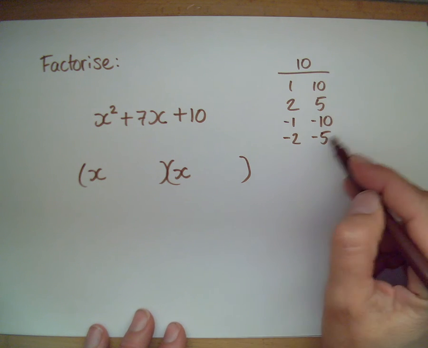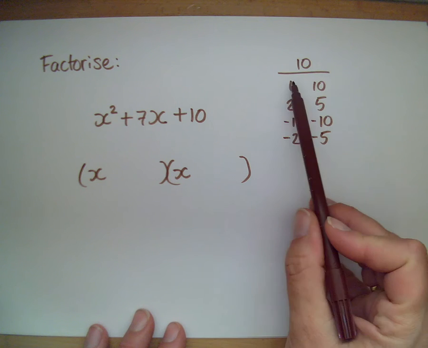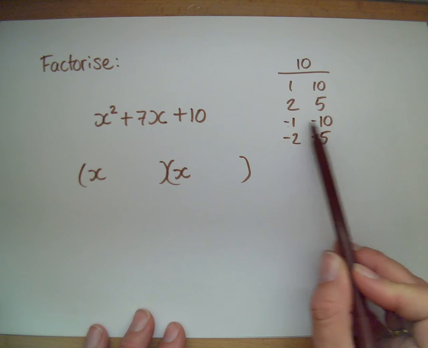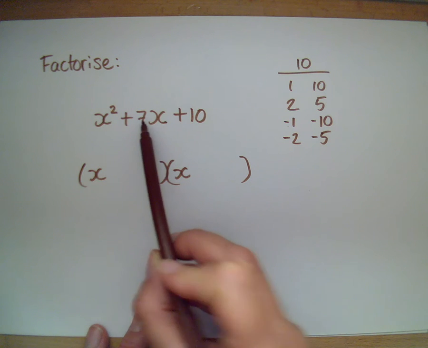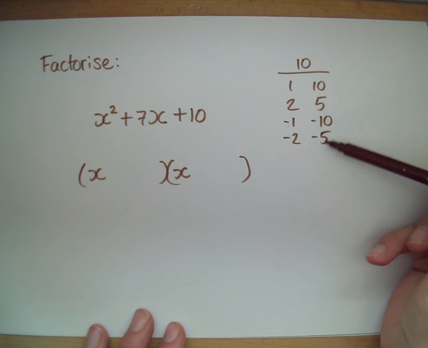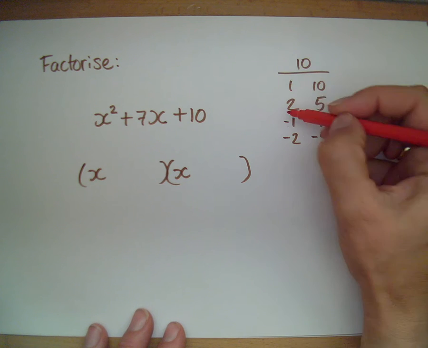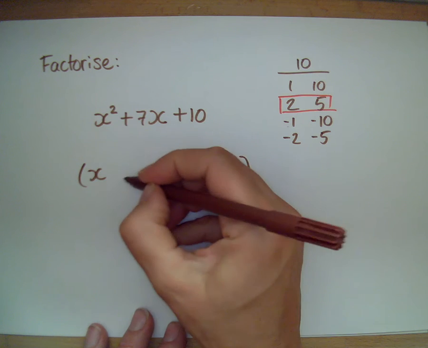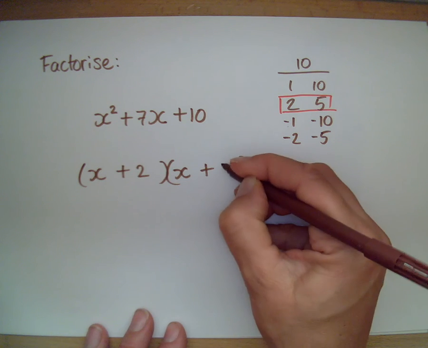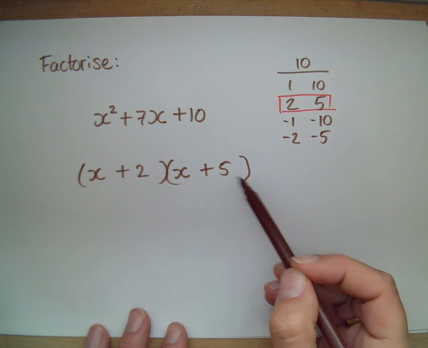Yes, I got all of them. Now we're going to look for a combination of two factors that add up to plus 7. Which of these add up to plus 7? 2 and 5. Positive 2, positive 5. And that is our answer.